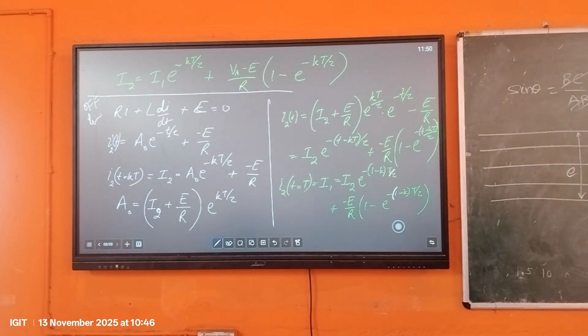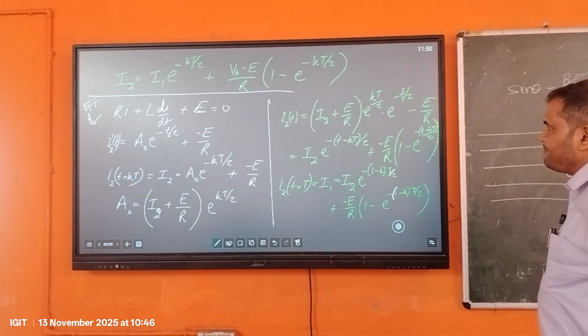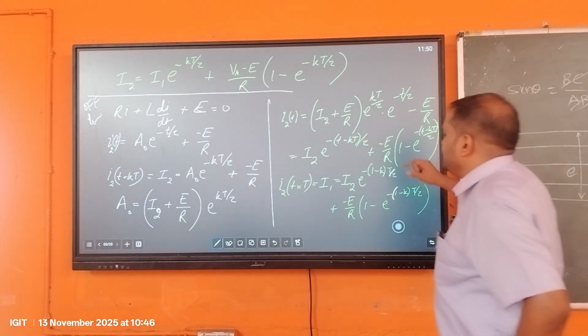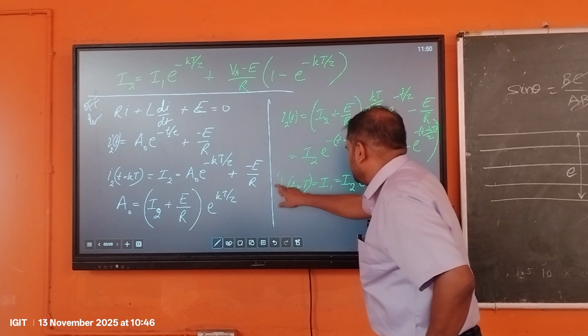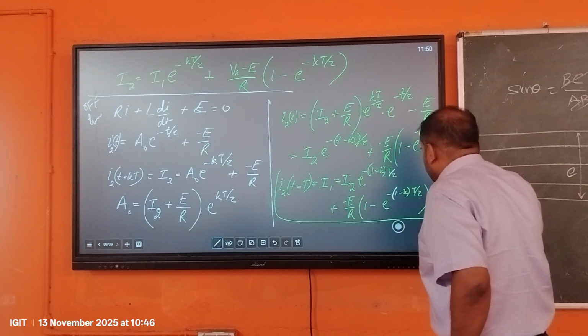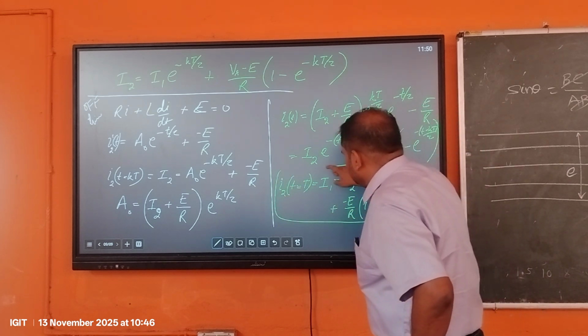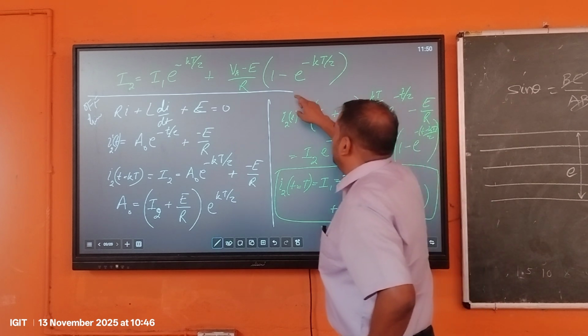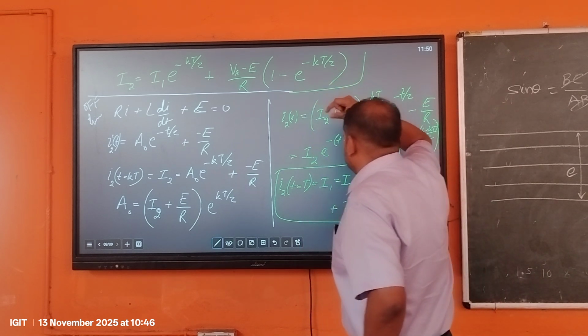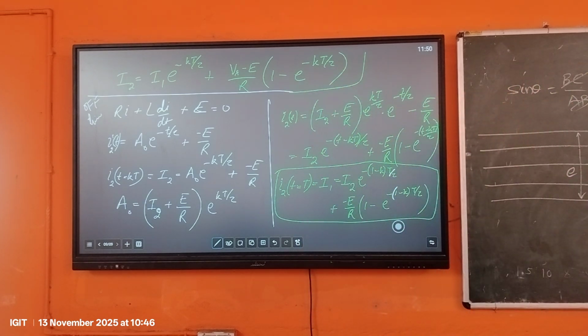Simple. So we get an equation like this. You do it, then you will understand. So we get two equations finally.